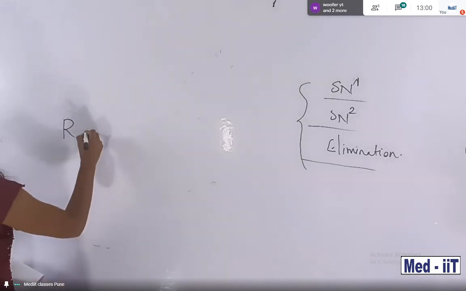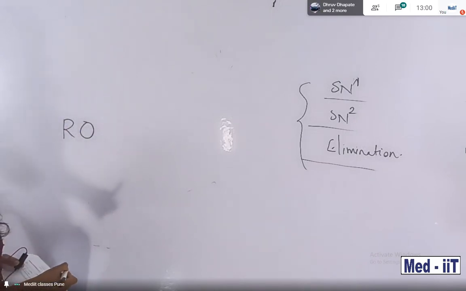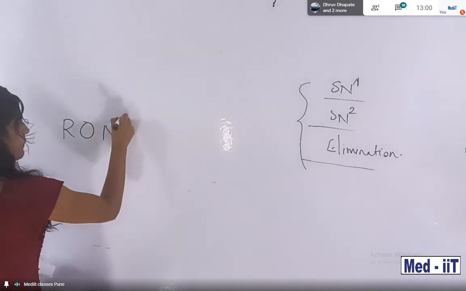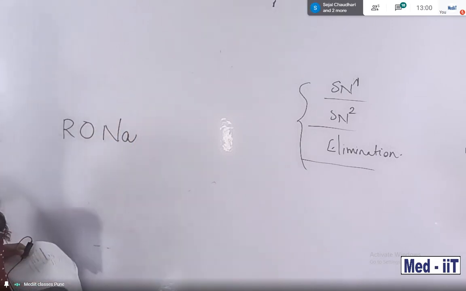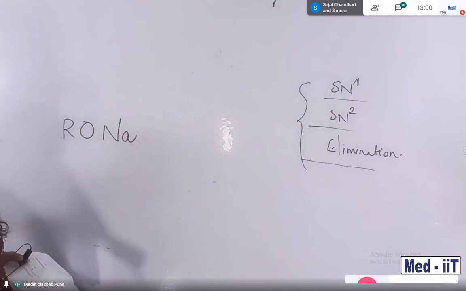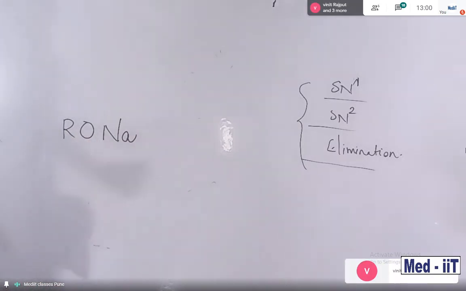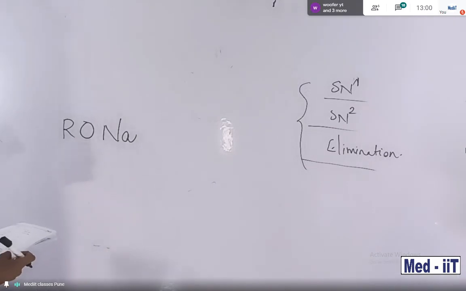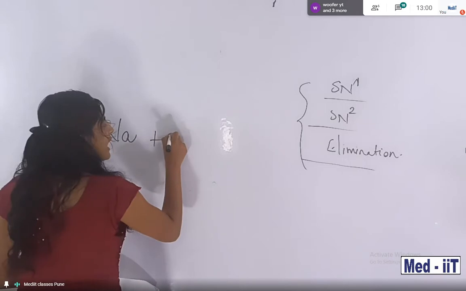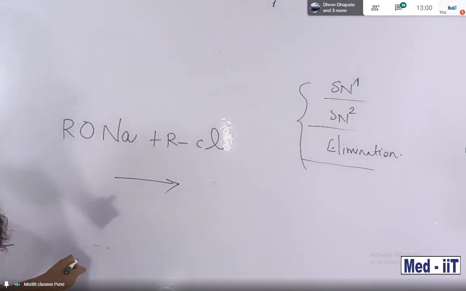With this, O is there. Alkoxide. Sodium is also there. So its name totally we will call sodium alkoxide. Okay, RONa, sodium alkoxide is there. So sodium alkoxide is reacted with the RCl alkyl halide. Can you predict the product?